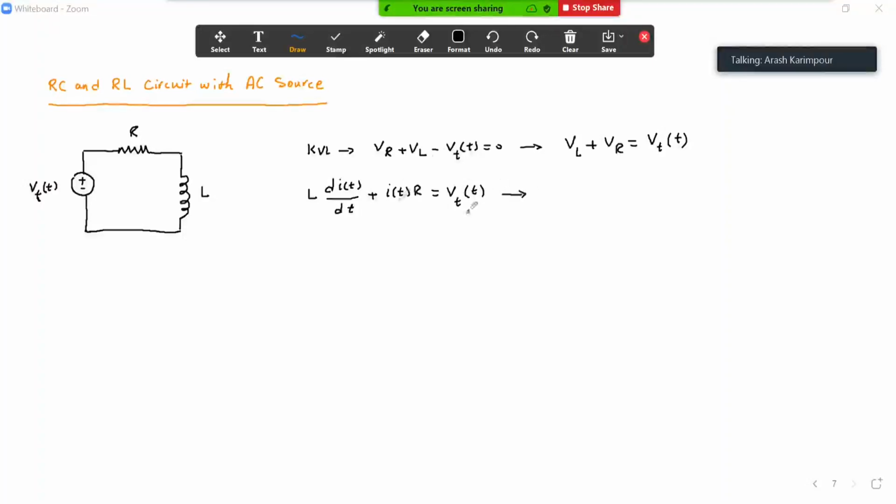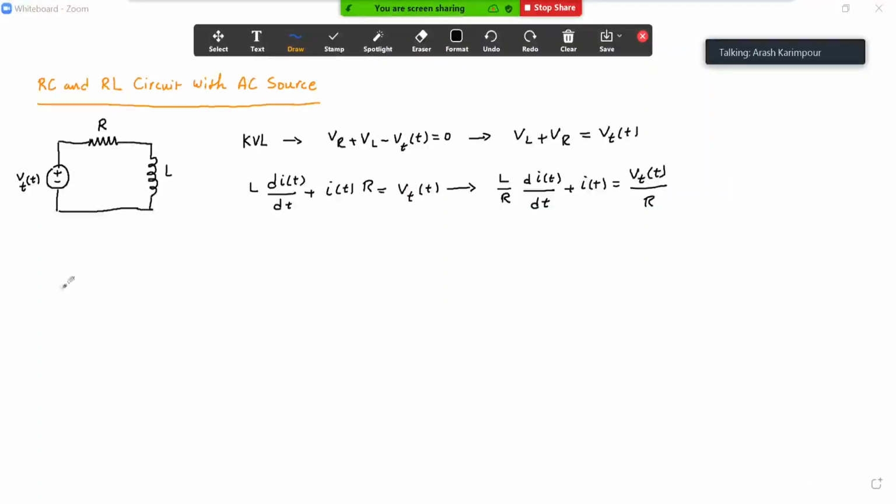Now if I divide everything by R, I'm going to have L over R dI(t) over dt plus I(t) is equal to V(t) divided by R. This is the equation that we are going to have in the case of a single resistance and single inductor.